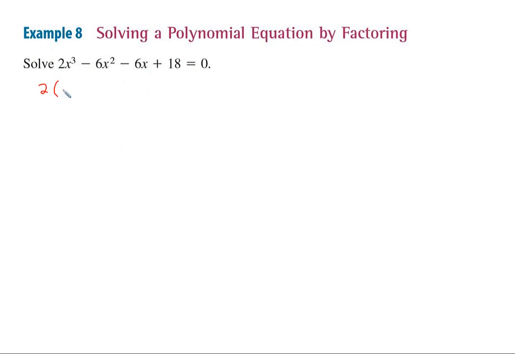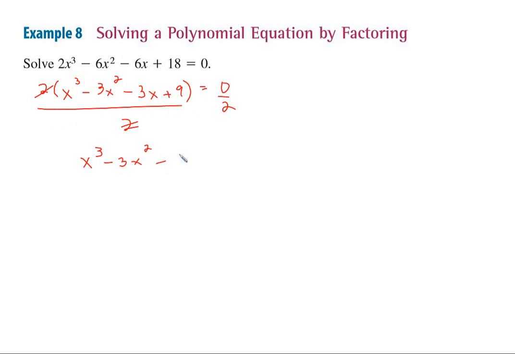Then that's going to give us x to the third minus 3x squared minus 3x plus 9 is equal to 0. Basically, if you divide by 2 on both sides, these divide out and you're left with just x to the third minus 3x squared minus 3x plus 9 is equal to 0, right?